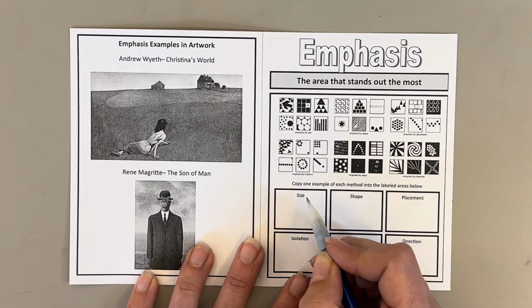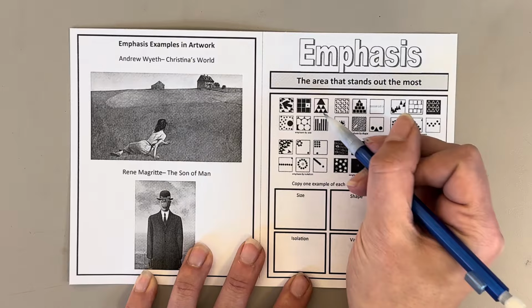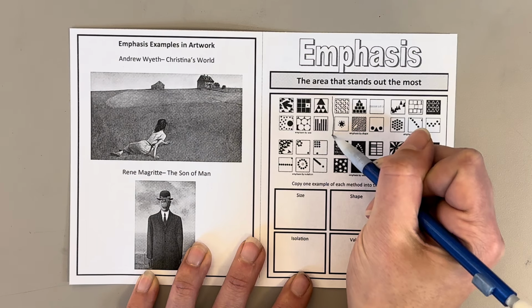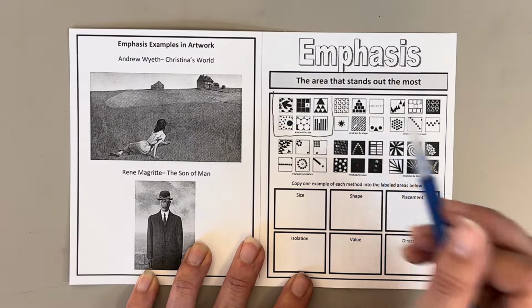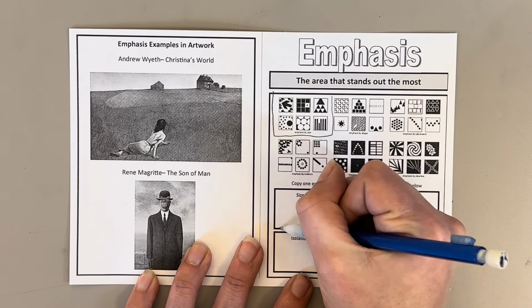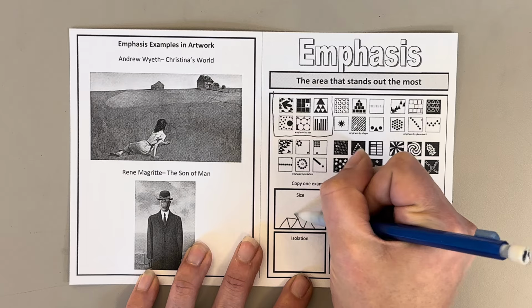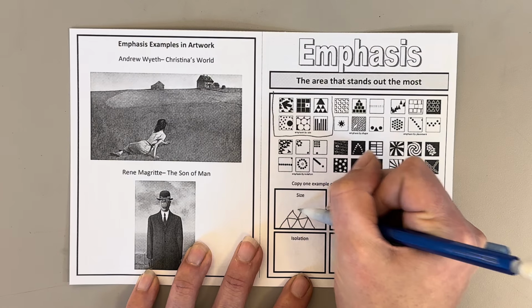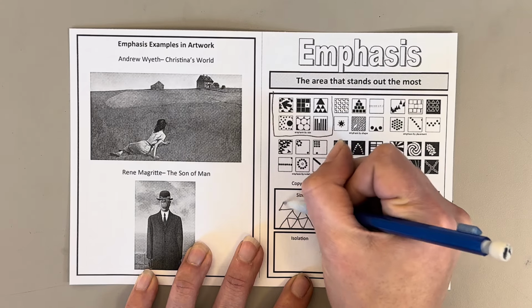Now for size, we're going to have a collection of items, and you can copy any of the ones that you see in this first section. We've got 6 sections. So you can look at this example and copy any of them. I am going to copy the triangle one where it's got triangles, triangles, triangles, they're all the same size, and then all of a sudden we've got this gigantic triangle.